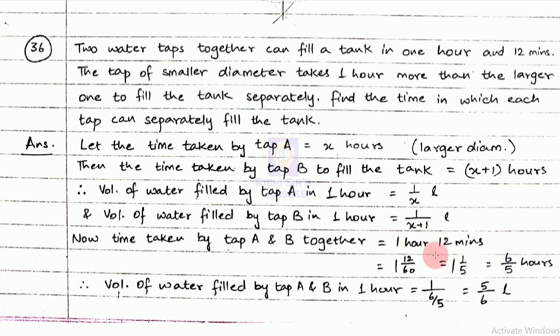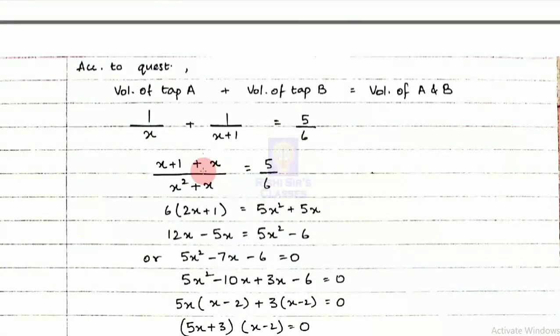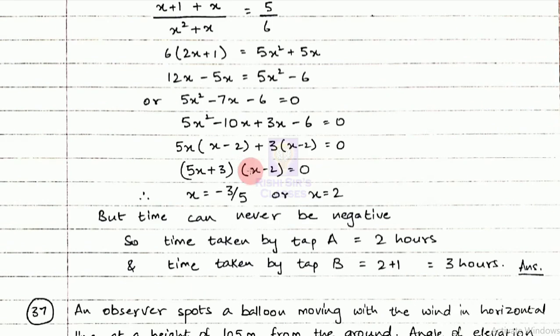We have to convert these minutes in terms of hours. Volume of water filled by taps A and B in 1 hour, that means the rate, will be the reciprocal of this, 6 upon 5, that means 5 upon 6 liter. After this we can form the equation that volume of tap A plus tap B is equal to volume of A and B. 1 upon x plus 1 upon x plus 1 is equal to 5 upon 6. We can just form the equation and find the value of x as negative 3/5 and 2. But time can never be negative.